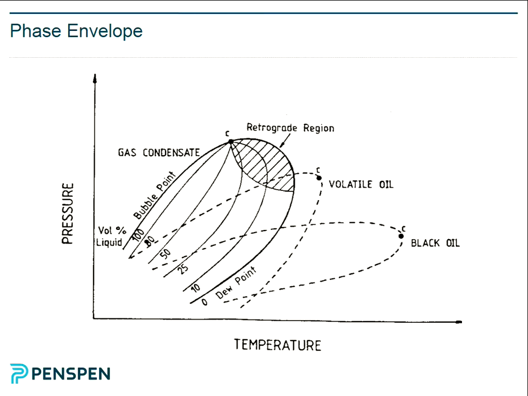So if you take the oil in the reservoir, take it to 1 atmosphere and 20 degrees centigrade, for example, what do you have? For a volatile oil reservoir, you get between 2,000 and 3,500 standard cubic feet of gas per stock tank barrel, basically.